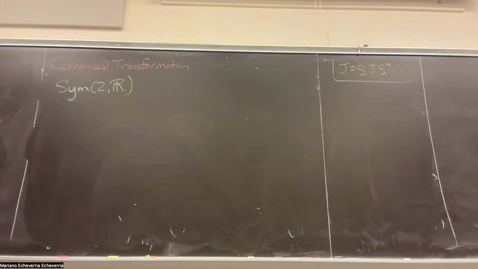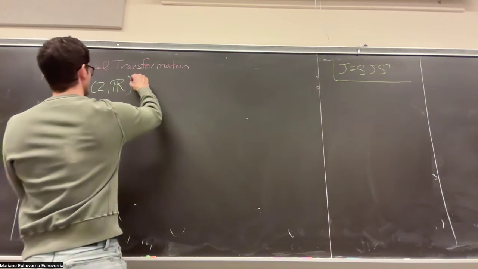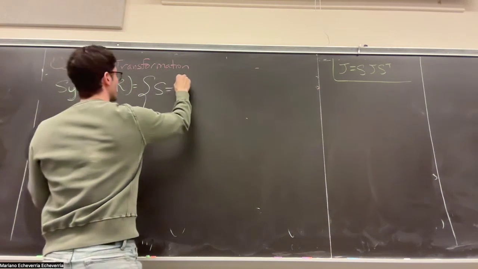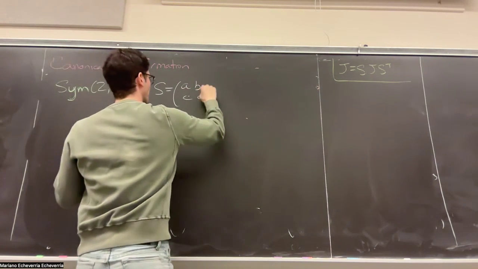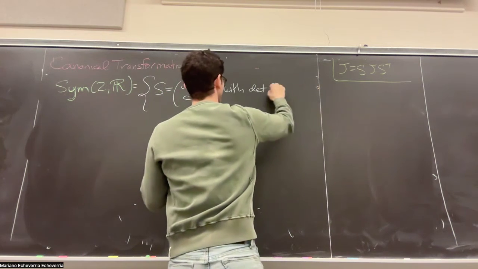This is going to refer, let's think about it as a set for now. What is this set? It consists of the 2 by 2 matrices of determinant one, essentially the symplectic matrices, because of what we have been talking about so far.